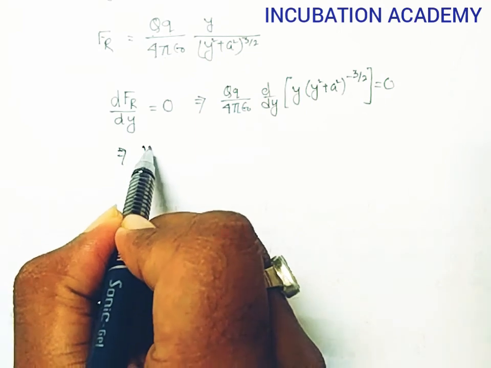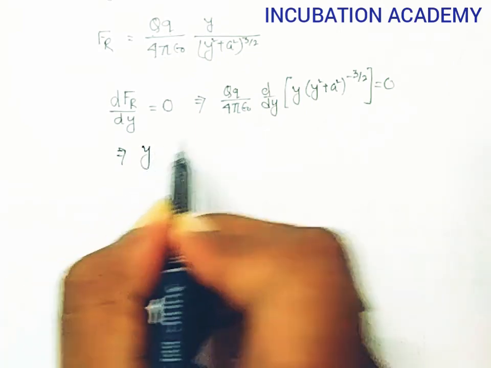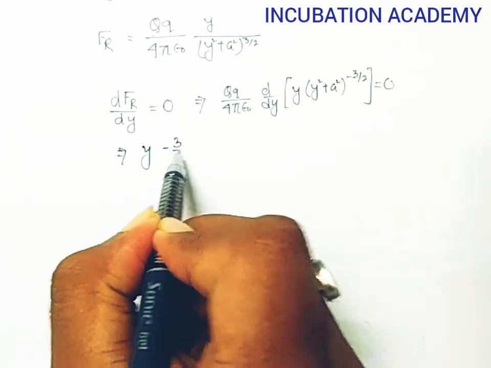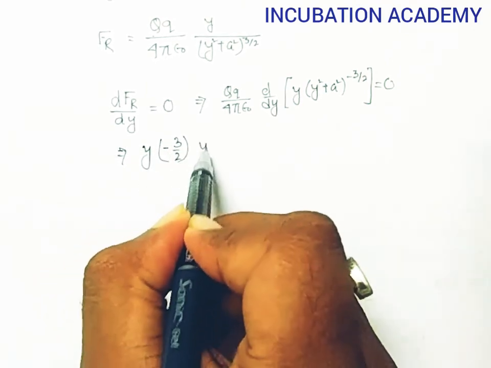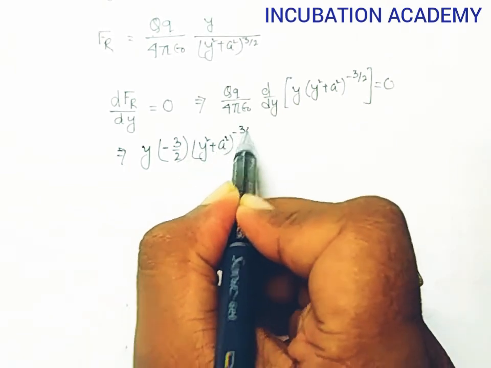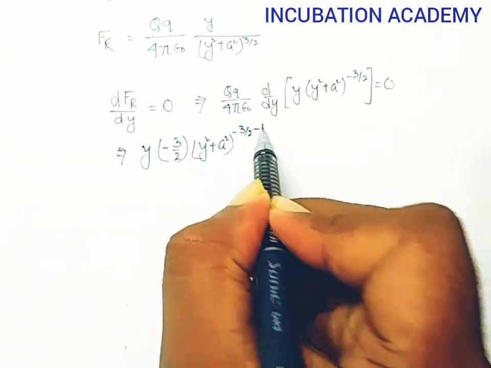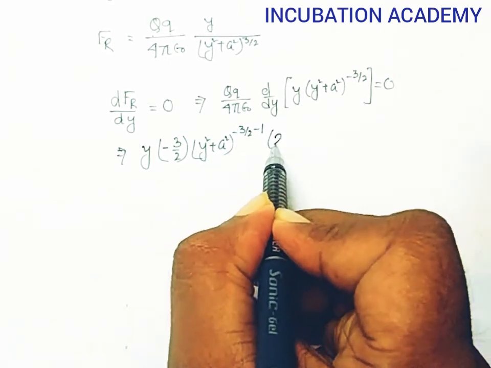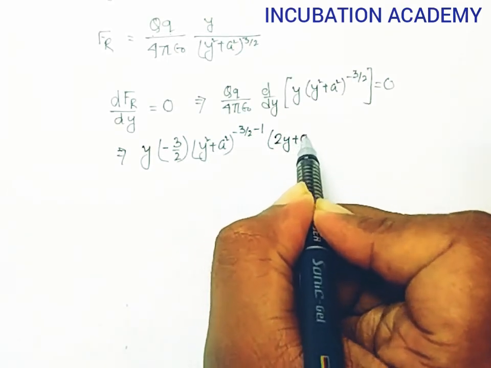At first I take y as constant and differentiate this term. So this will be minus 3 by 2, y square plus a square to the power minus 3 by 2 minus 1. The differentiation of this quantity will be 2y plus 0.